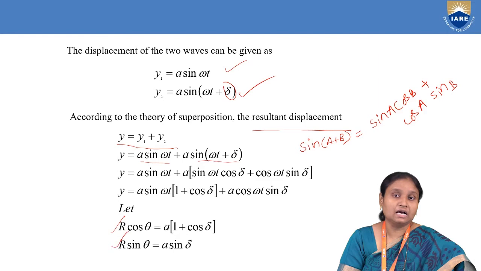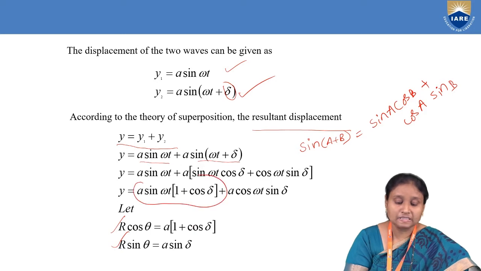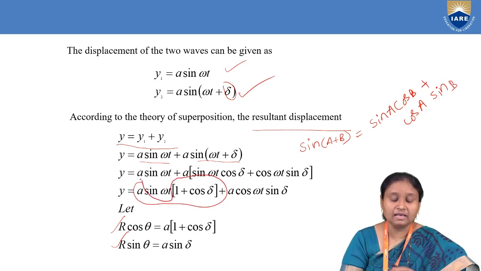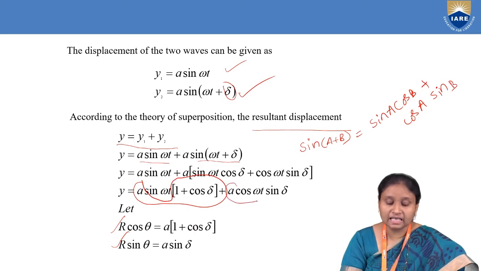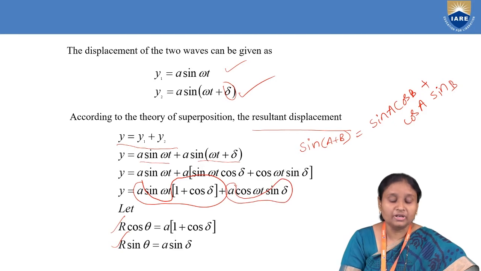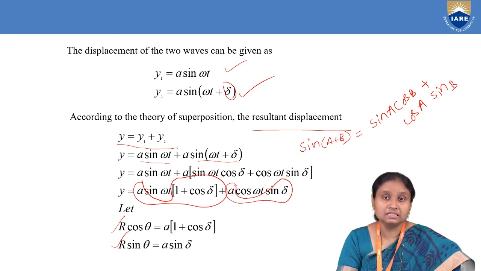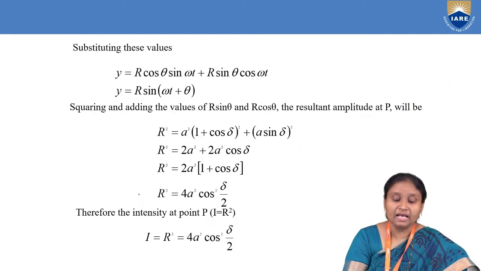R cos theta is given as A into (1 plus cos delta), and A sin delta I am taking as r sin theta. If I substitute these two parameters in my resultant displacement equation, I end up having it like this.